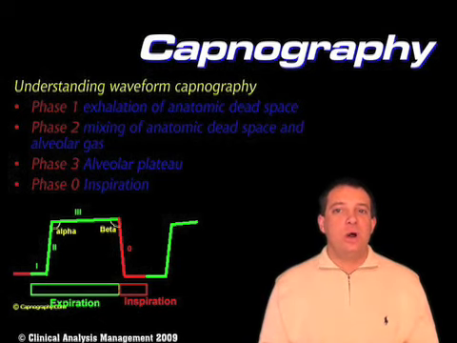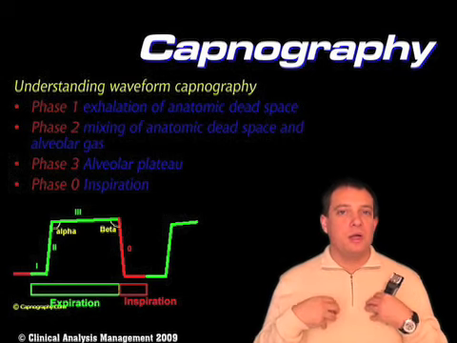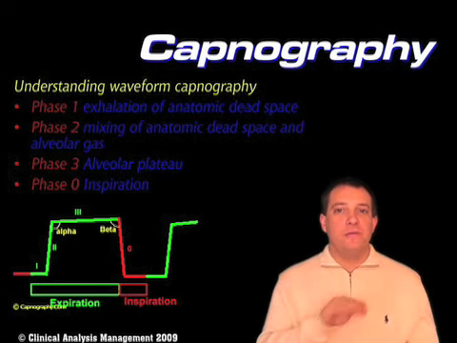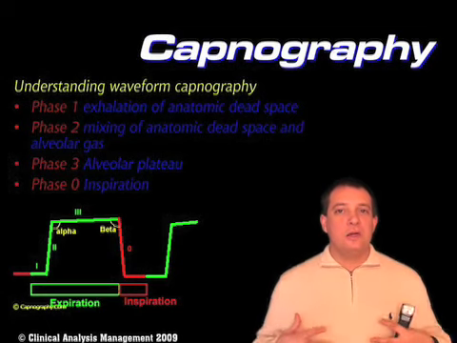And so in phase 1, we really don't have any CO2 as well, because the main airways, your trachea and your large bronchi, they don't have any gas exchange. So phase 1 continues on down at the bottom of the waveform, just like we saw at the end of phase 0.